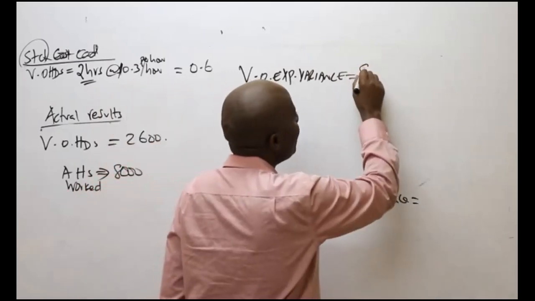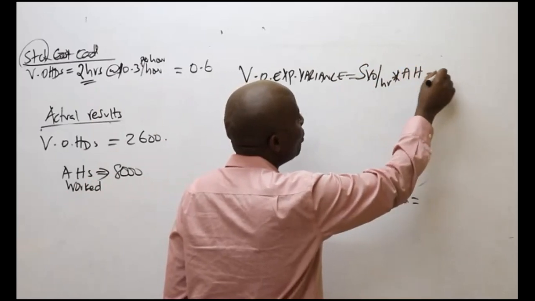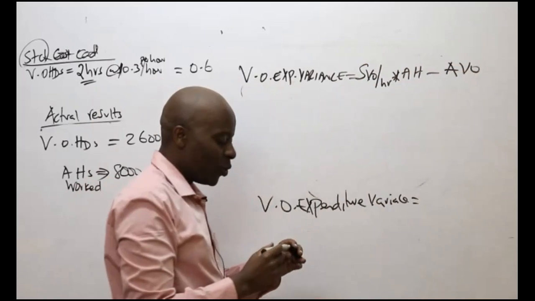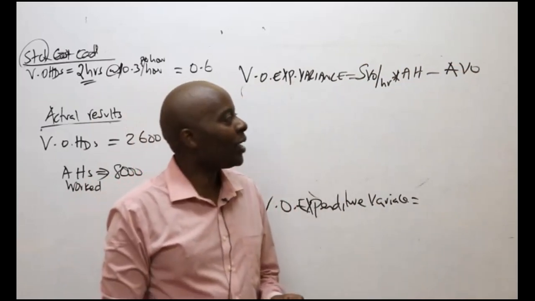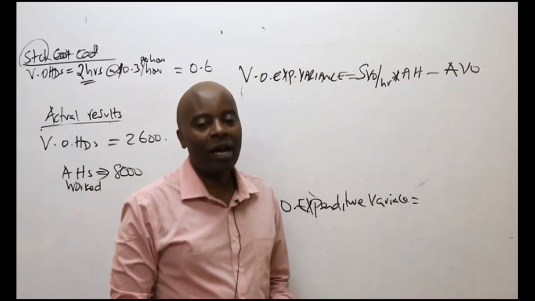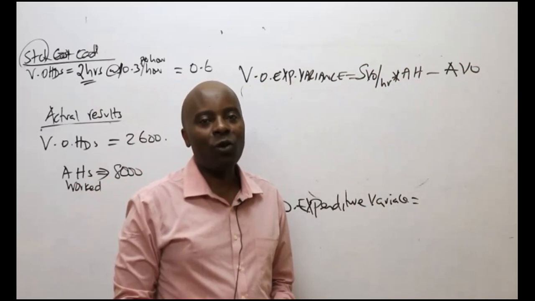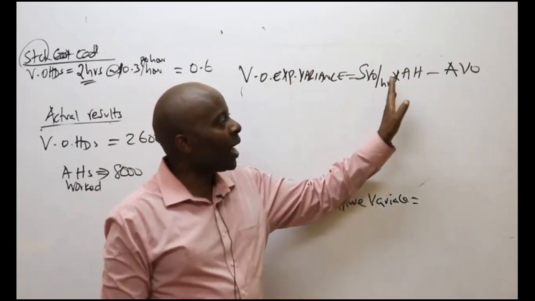We normally take standard variable overheads per hour multiplied by actual hours minus avocado, minus AVO. So this is standard variable overheads multiplied by actual hours.